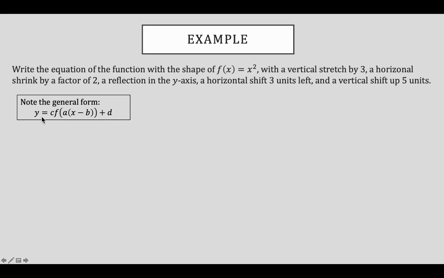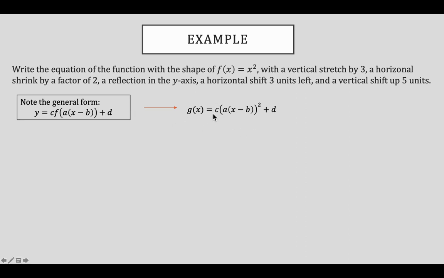Well, again, what type of function are we going to be dealing with here? A quadratic. Therefore, we can just replace f with x squared. So this is going to be g of x is equal to c times the quantity a times x minus b, quantity squared, plus d. All right, so let's figure out what our constants a, b, c, and d are going to be.